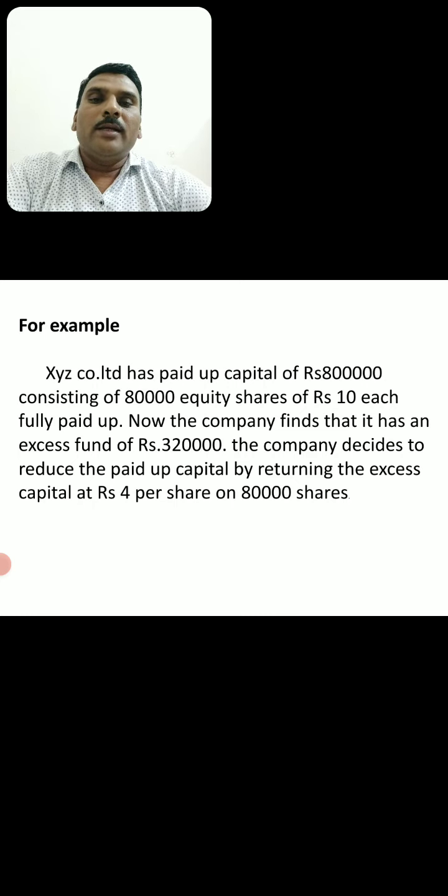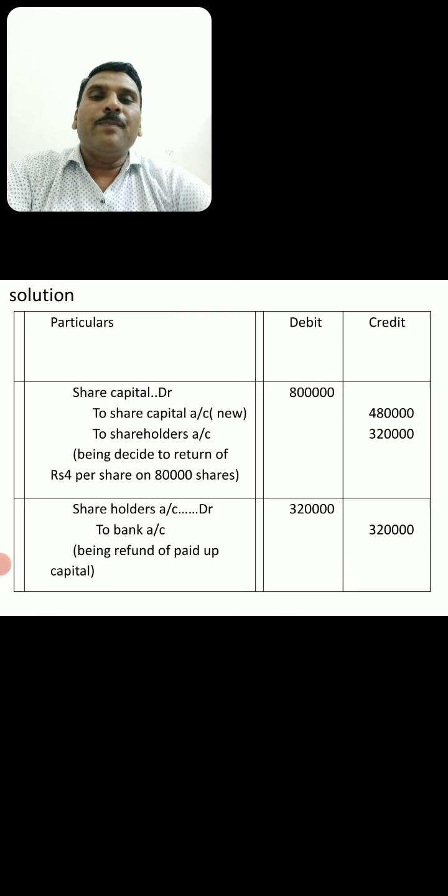So here 80,000 shares are there and the excess amount is 3,20,000. The excess amount is rupees 4 per share, and such amount is to be repaid to the shareholders.